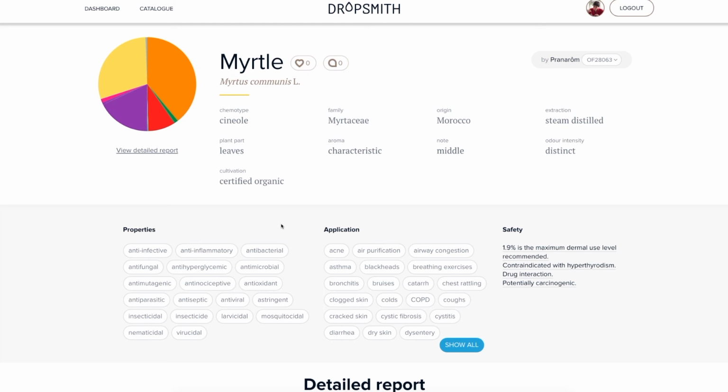I like to always know why I'm using a certain oil and why I chose it, especially when I work with clients or in medical care. It's very important to back up your choices.